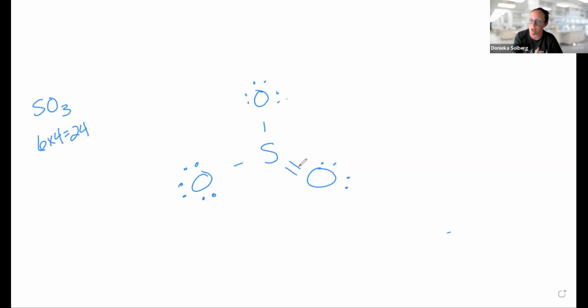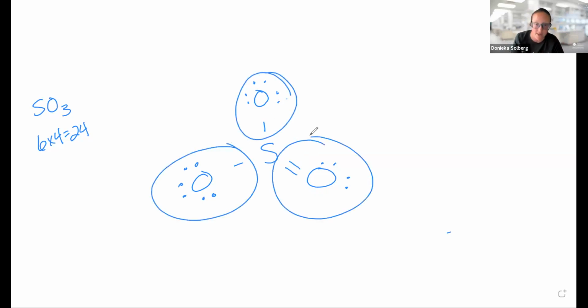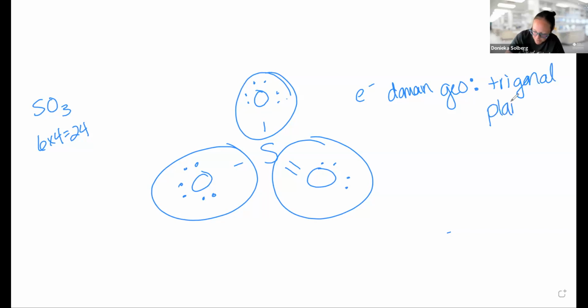So you draw your Lewis dot structure, then you determine your total number of domains. So this has 3 domains, right? This is 1, 2, 3, and they all repel each other as much as possible. So I'd say, okay, the electron domain geometry is trigonal planar.